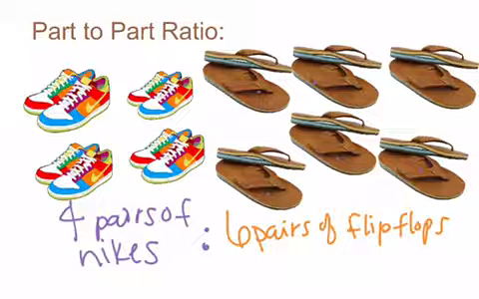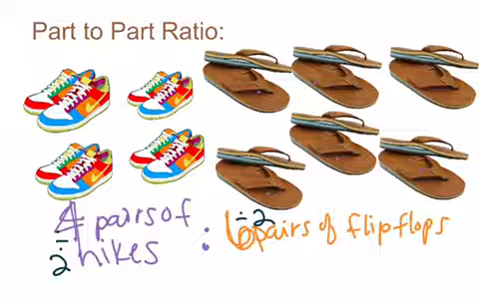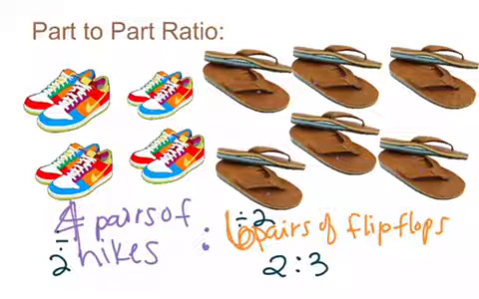Now, when we are comparing ratios, it may say that it wants your answer in simplest form. So we would look at these two numbers, 4 and 6. Is there a number that we can easily divide 4 and 6 both by? That is correct, it would be 2. So the simplified version of this would be, we divide 4 by 2 and divide 6 by 2, which would be 2 pairs of Nikes to 3 pairs of flip-flops. Okay?